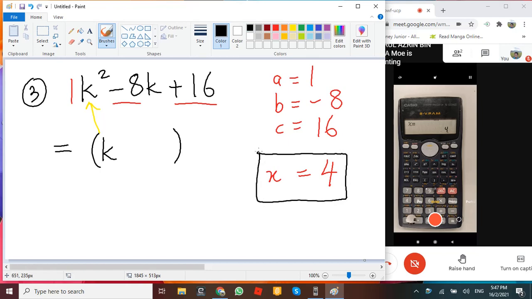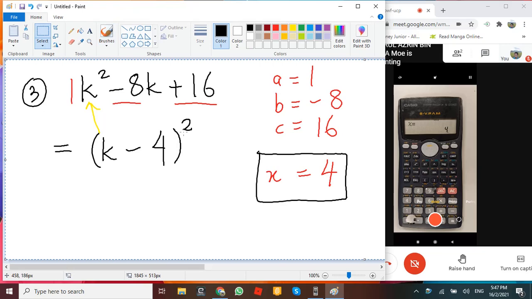This is 4, but this is positive. We change the sign to negative. And don't forget, you must write square here, because the value of k is the same 2 times. The value of k equal to 4. You must write square the bracket here. Okay, that's how we get the answer for question number 3.